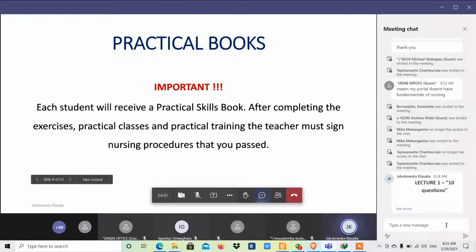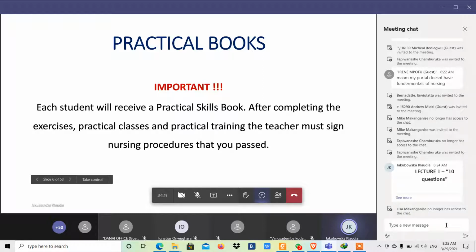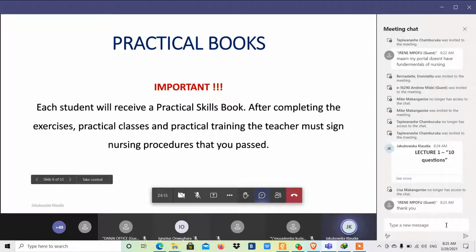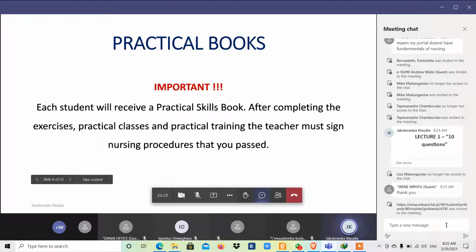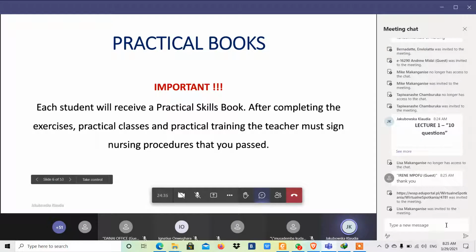After every practical exercise in classes, in practical classes, in practical training, you will have to check that your teacher gives you a signature that you passed a procedure.